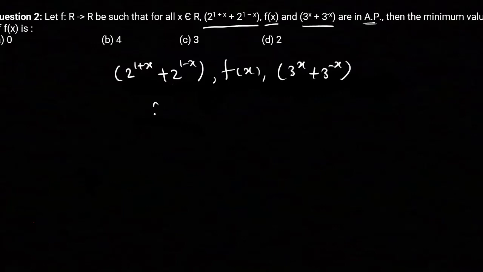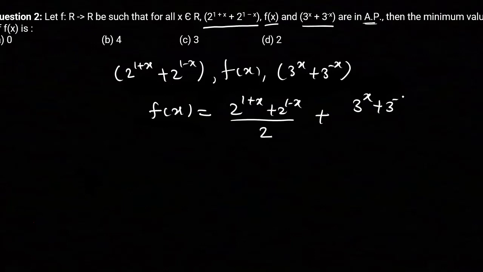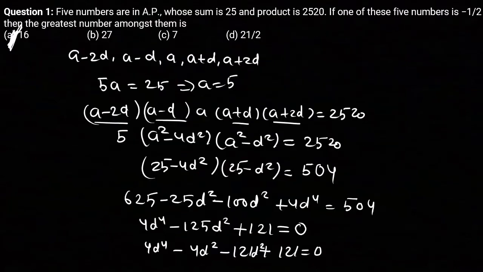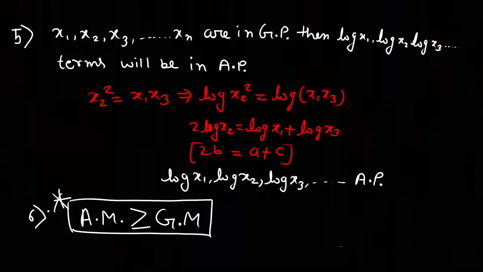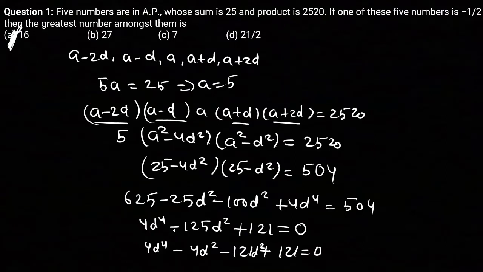Then we can say that fx is equal to 2 raised to the power 1 plus x plus 2 raised to the power 1 minus x upon 2 plus 3 raised to the power x plus 3 raised to the power minus x upon 2. So now we will use the property number 6, that is arithmetic mean is always greater than or equal to geometric mean.